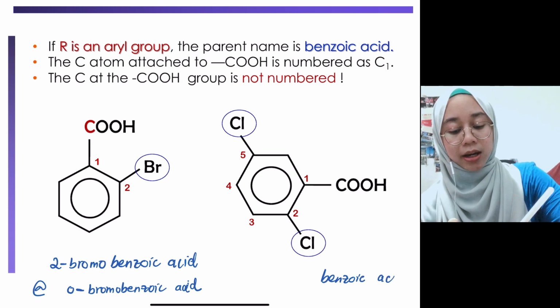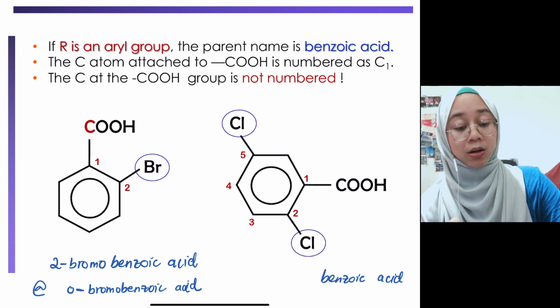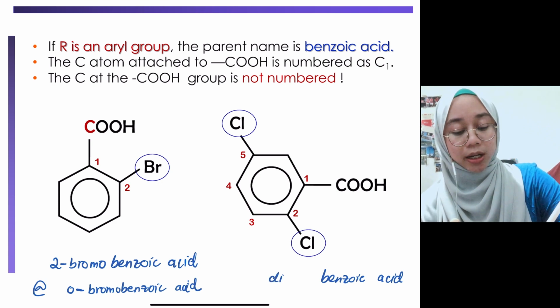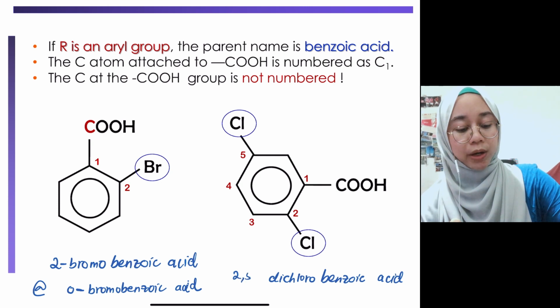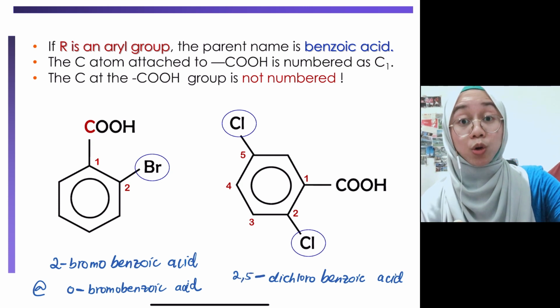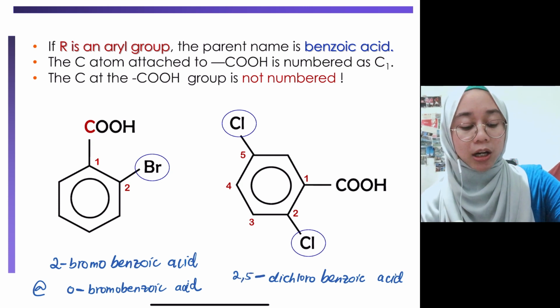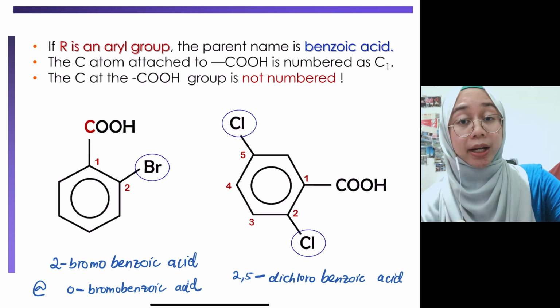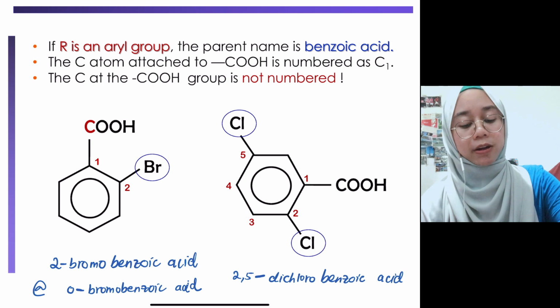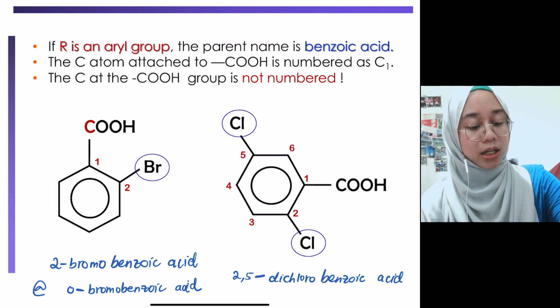Okay, and then kita ada chloro, ada 2 chloro, so kena jadi dichloro lah. And then kena bagi tahu position dia juga, so dekat position number 2 and 5. Okay, so 2, because number dengan number, so 2,5, and then kena letak dash lah antara number dengan nama. Okay, so 2,5-dichlorobenzoic acid.